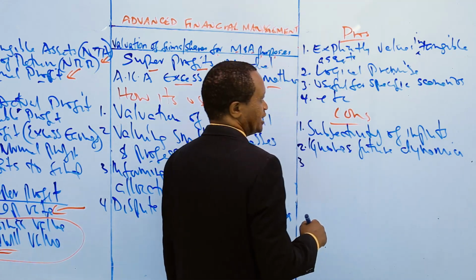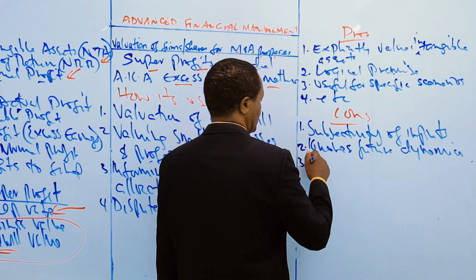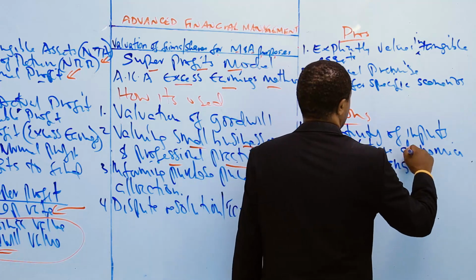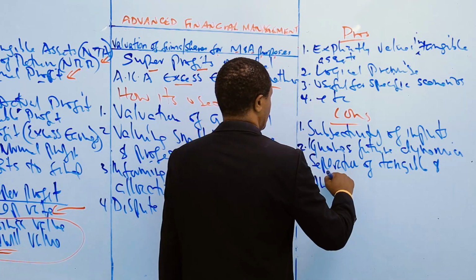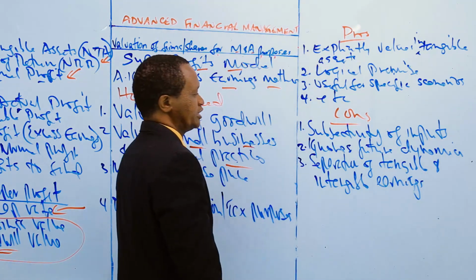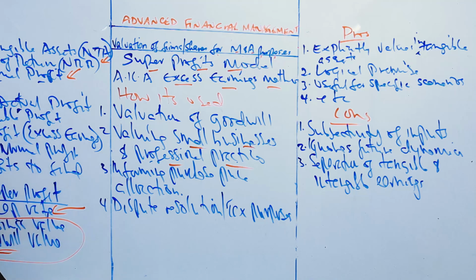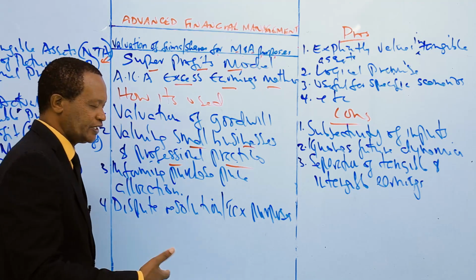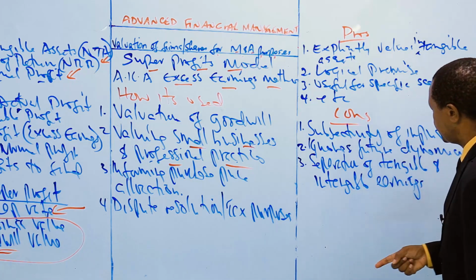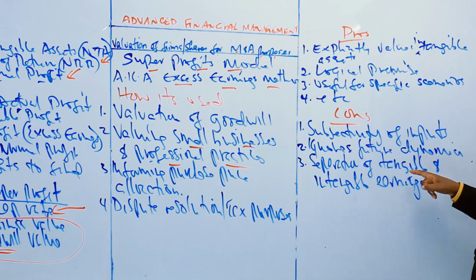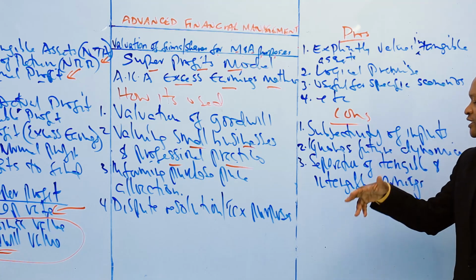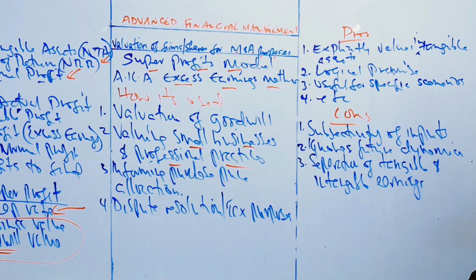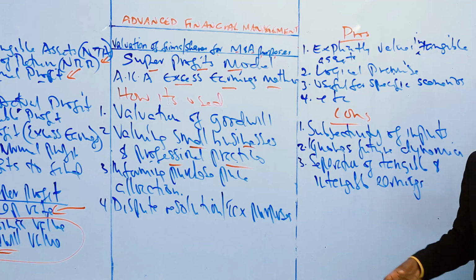The separation of intangible and tangible earnings is also a limitation. The underlying assumption that earnings can be neatly separated into those attributable to tangible and those attributable to intangible assets is a simplification, because in reality, these are often intertwined.